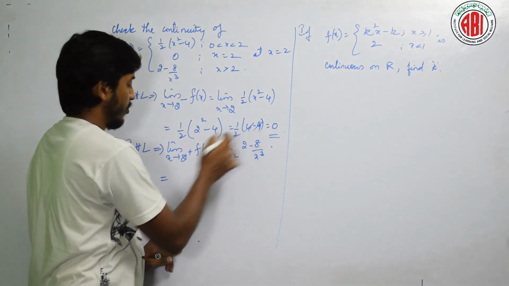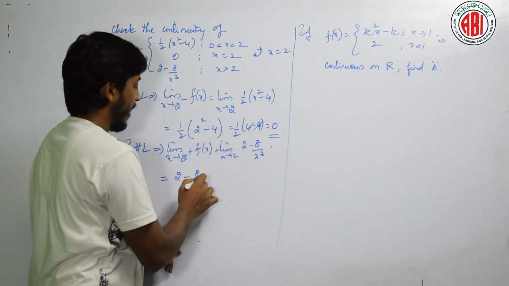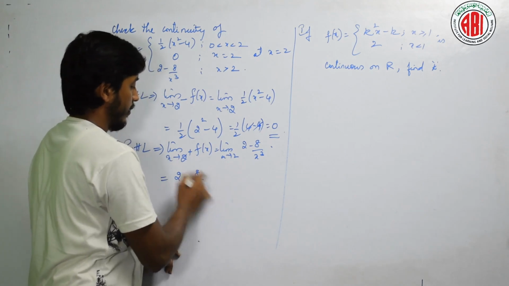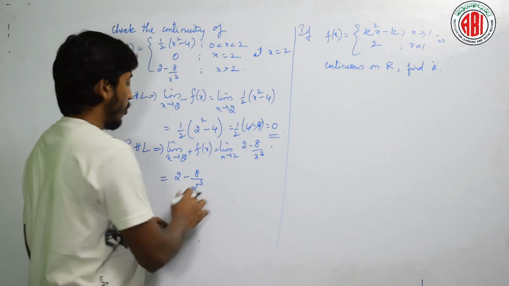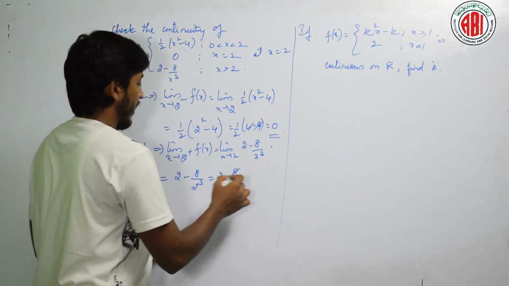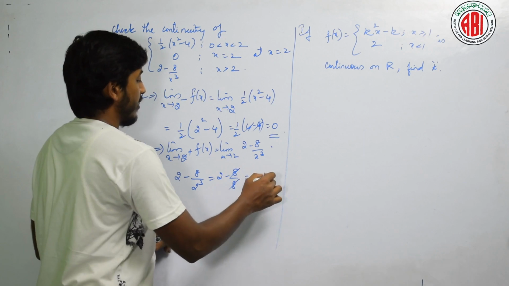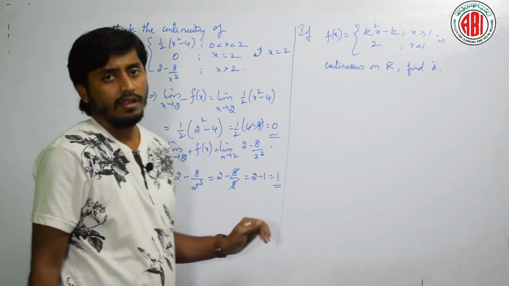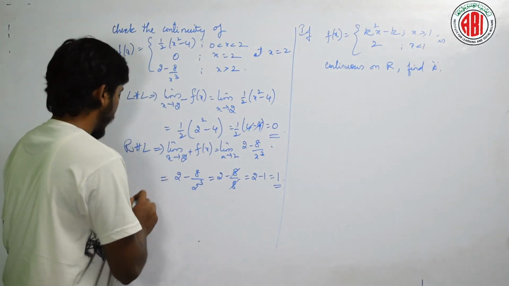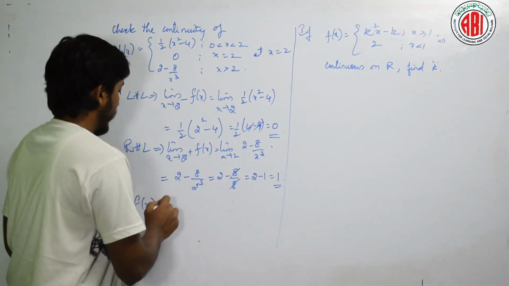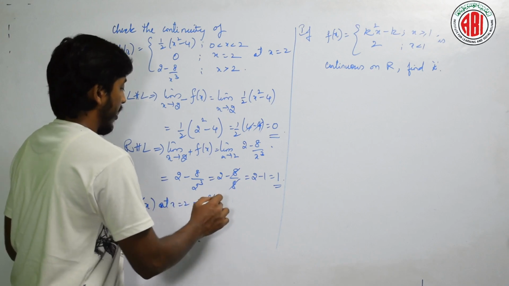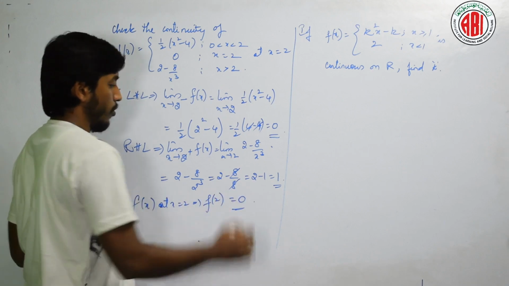Just directly substitute the value, this will become 2 minus 8 by 2 cube. 2 cube is, how much is it? 8, both will get cancelled, 2 minus 1 is 1. Are these both equal? No, right? So, let us find the value of f of x at x equal to 2, that is f of 2 is equal to 0.